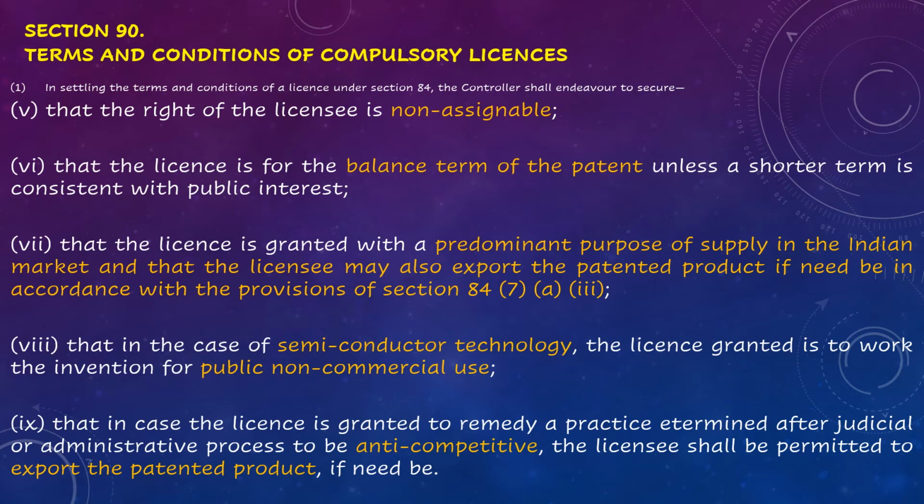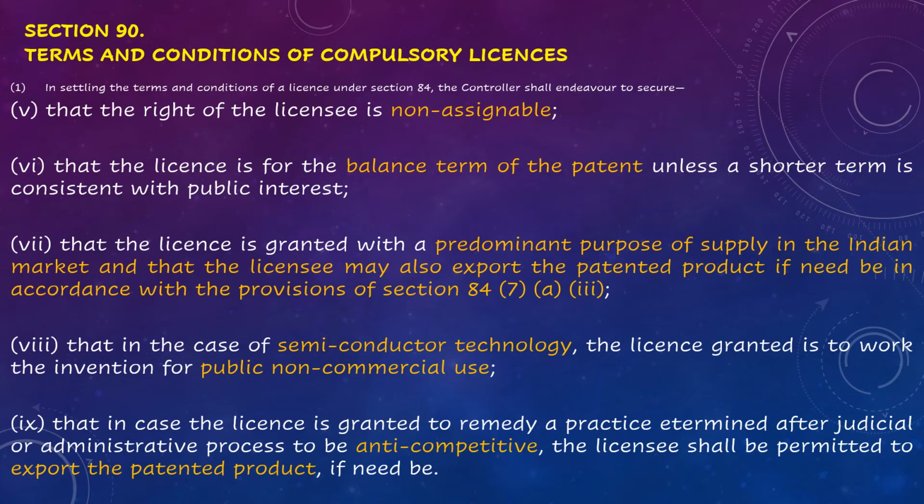Next, number 5, the right of the licensee is non-assignable. 6, the license is for the balance term of the patent unless a shorter term is consistent with the public interest. That is, whatever term is left with the patent will be the balance term, and that is the term for the license.